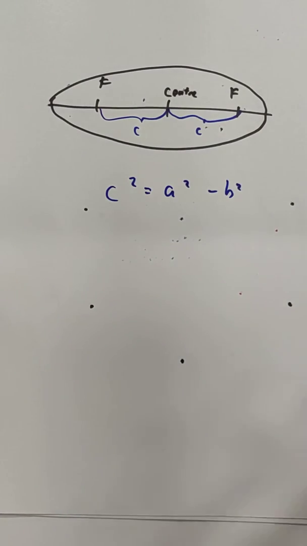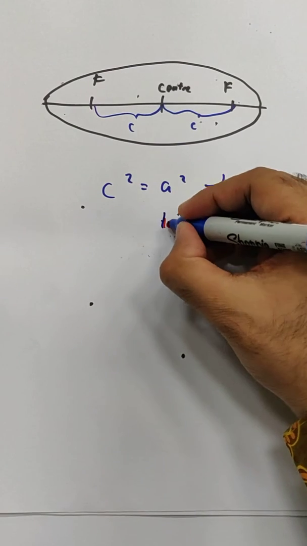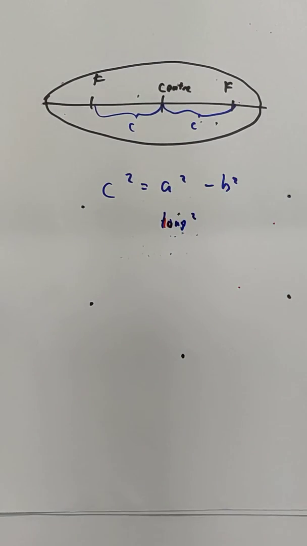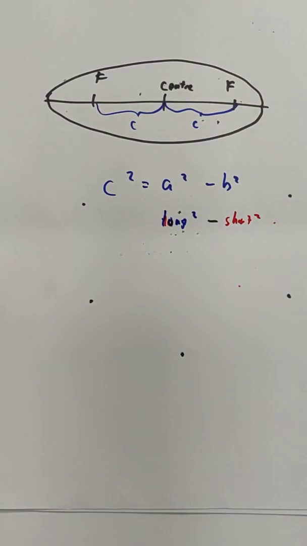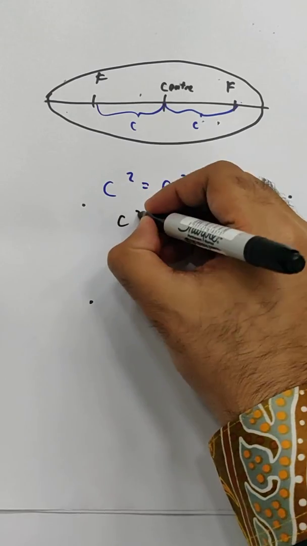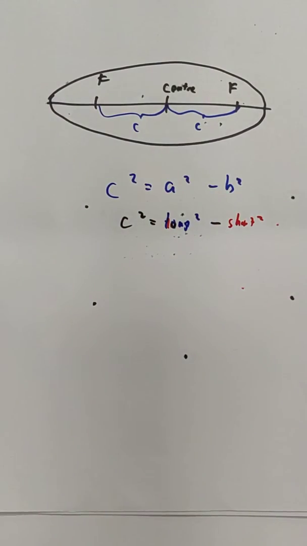Or what I would like to call it as, long squared minus short squared. If you ask me personally, I like to memorize it in this way rather than A squared minus B squared. And class, give me attention one more time.